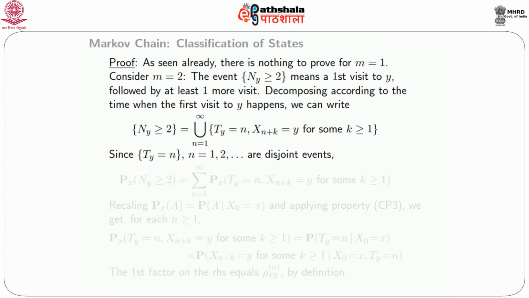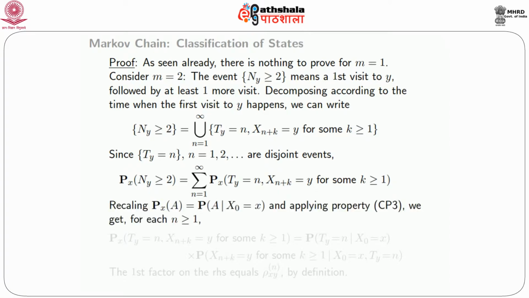That's exactly what this says. Now, recall that P_x is just a notation for this conditional probability. And what we're going to do is apply, in the right-hand side, to each term, which is a certain conditional probability given X_0 equal to x.